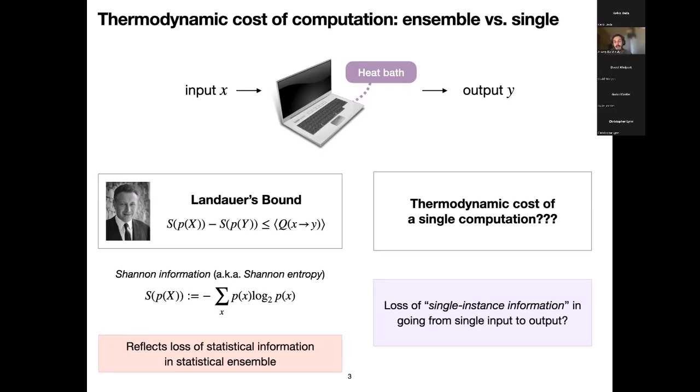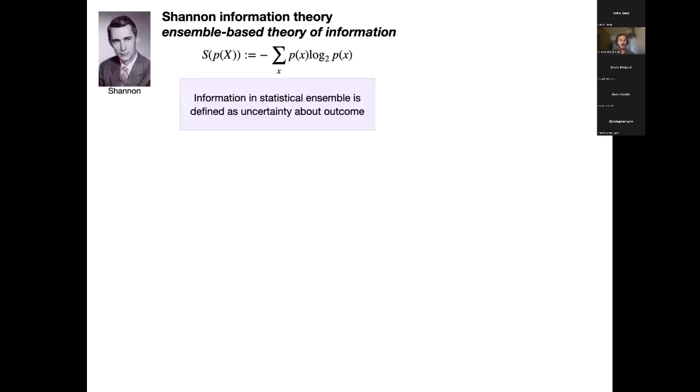Well, it turns out that there is such a theory. It's called algorithmic information theory. And I'm going to introduce it now by comparing it to the known and beloved Shannon information theory that we use all the time. Shannon information theory is an ensemble-based theory of information. The core quantity is Shannon information, or Shannon entropy.